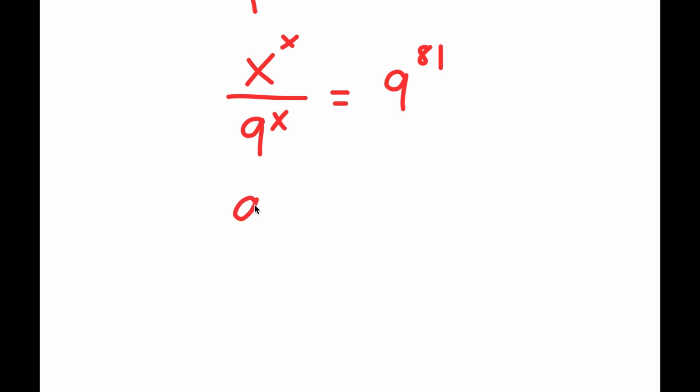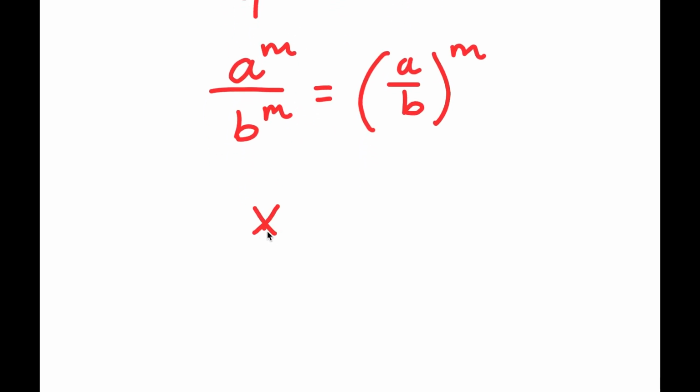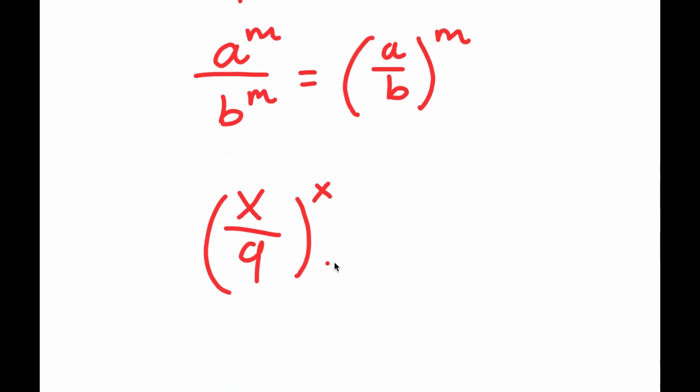Now, if I have something in the form a to the power of m over b to the power of m, this is equal to a over b to the power of m. So x to the power of x over 9 to the power of x is going to equal x over 9 to the power of x, which is equal to 9 to the power of 81.